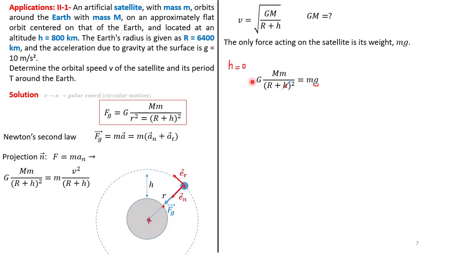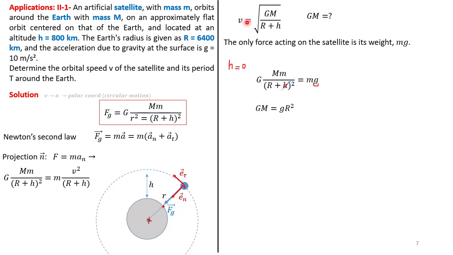And thus we can find the value of GM. So GM is equal to g r squared. Here small g is the acceleration due to gravity, whereas capital G is a universal constant that figures in the expression of the gravitational force. Okay, we found the product GM.